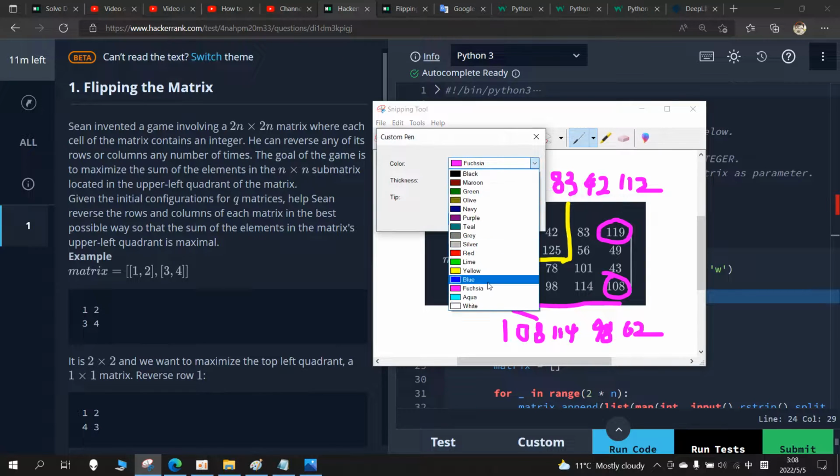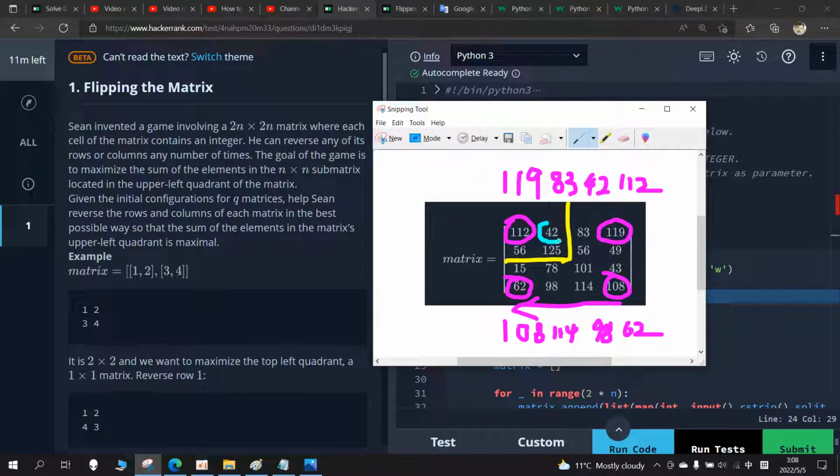Next, we talk about the second. For the second position, it could be 42 itself, and then here we have written the reverse, right? The number was still here. So after reverse, 83 is also going to be another possible value. And then what else? If we reverse the column, 78 can also be that, right?